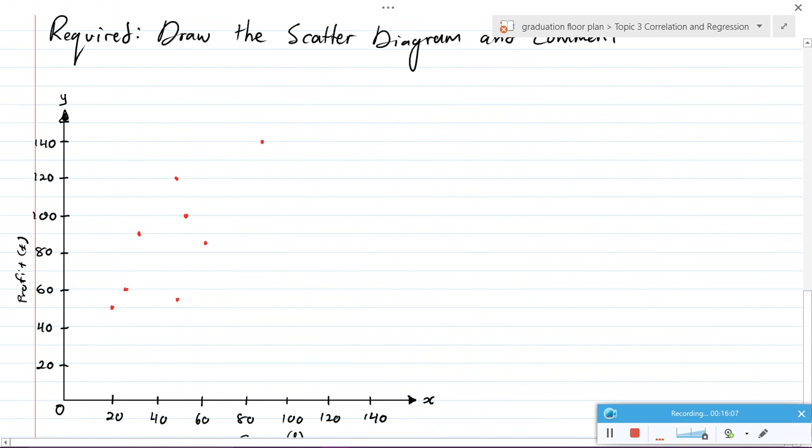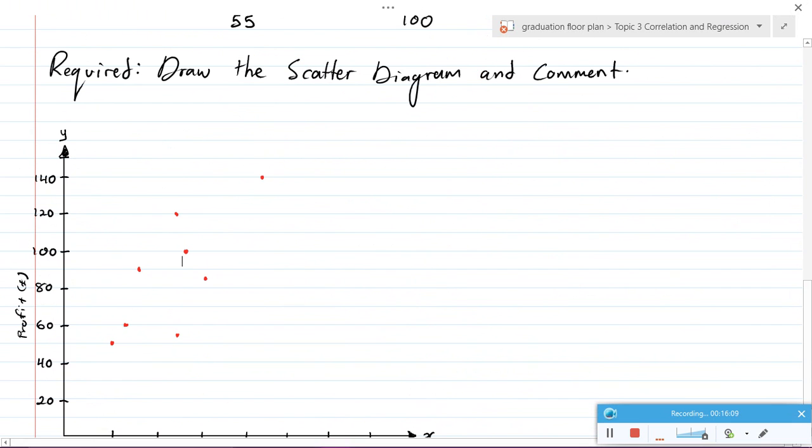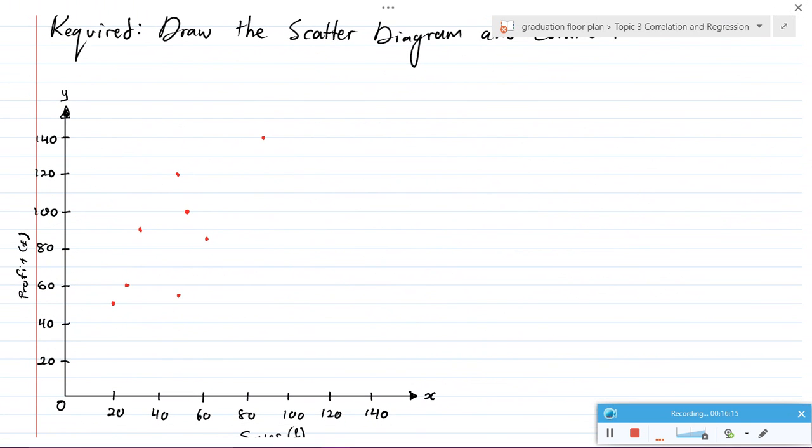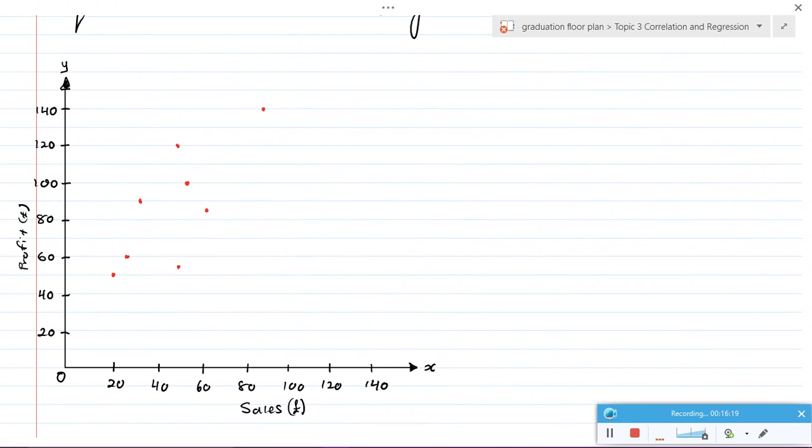Now, let me ask my question, those who are done. Look at the pattern. What is this? I gave you 4 patterns of the graph, right? We got 4 types of graph: positive, negative, no correlation, non-linear, correct? So, which pattern does this come under? Linear positive. It's basically what? Going up, correct? Look at that.